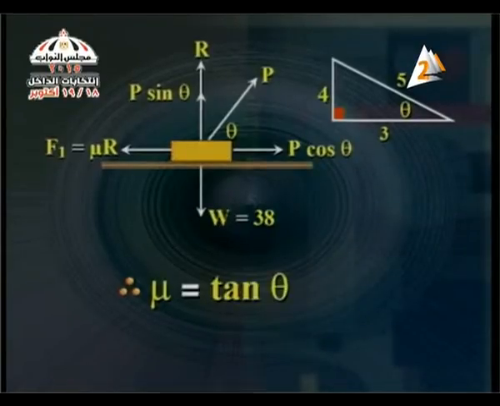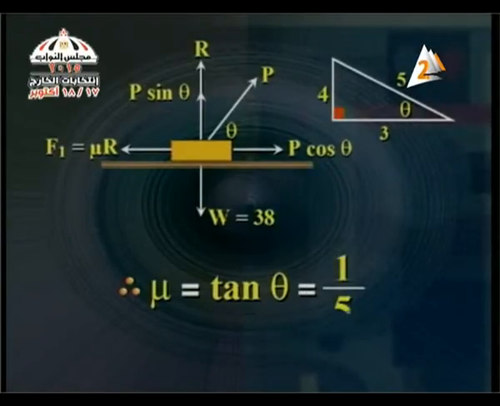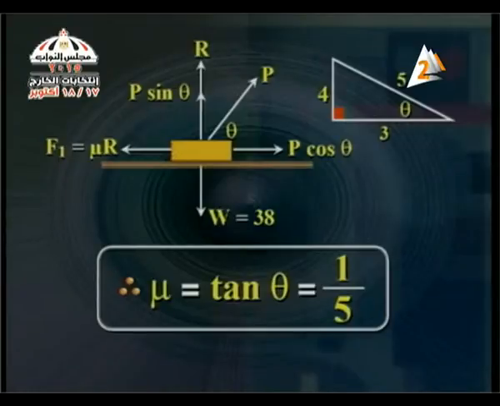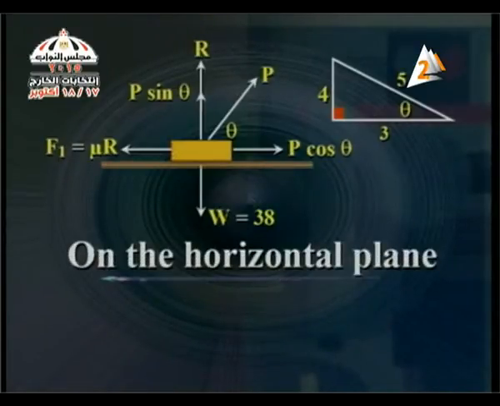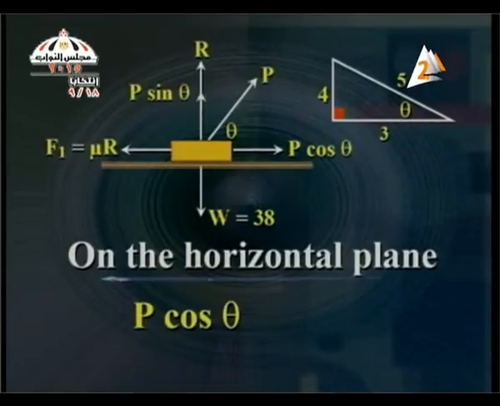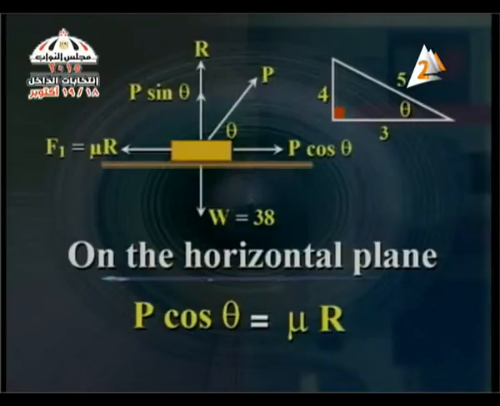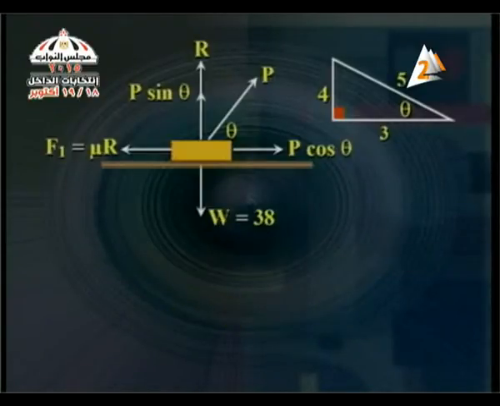Then mu, as we know, equals tan theta, which equals 1/5. Then on the horizontal plane, P cosine theta equals mu R.